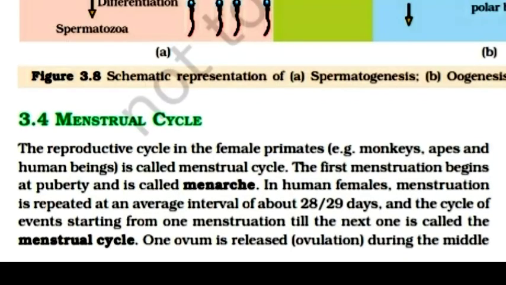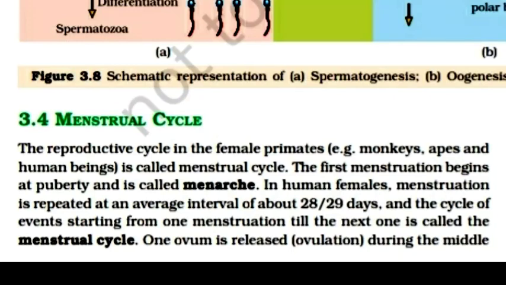Menstrual cycle. The reproductive cycle in the female primates, for example monkey, apes and human beings, is called the menstrual cycle. The first menstruation begins at puberty and is called menarche. In human females, menstruation is repeated at an average interval of about 28 to 29 days, and the cycle of events starting from one menstruation till the next one is called the menstrual cycle.